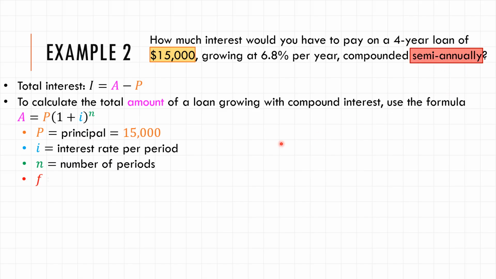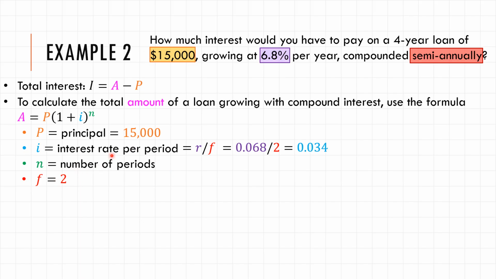The frequency is 2, because there are 2 periods of 6 months in a year. So the interest rate for one period is not going to be 6.8%. It's going to be 6.8% divided by the frequency. So 0.068 as a decimal, just divide by 100. And then divide that by 2, because we have to divide it by the frequency, gives us 0.034.